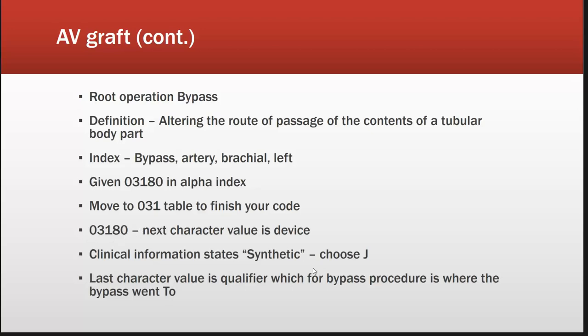Then you have to verify your other character values. Your next character value is device. What type of device? It says synthetic arterial venous graft. Tells you synthetic, so you choose J. And the last character value is where is it going to. So it went from the left brachial to the cephalic vein.